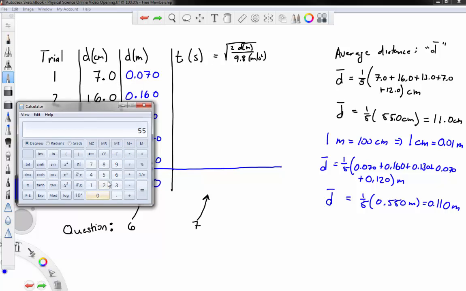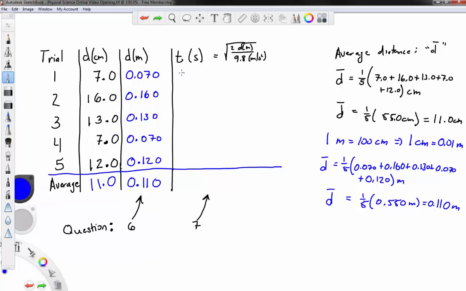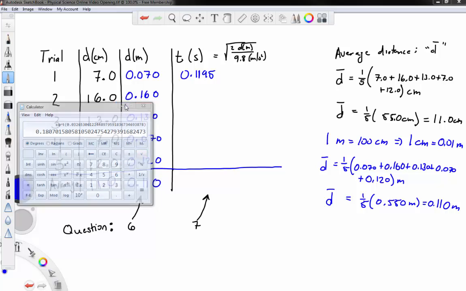So we go 2 times 0.07 divided by 9.8, and we take a square root, and you get 0.1195. So this first time might be 0.1195. Notice that I'm keeping one extra significant figure here. So now we have 2 times 0.16 divided by 9.8, take a square root, and you get 0.1807.